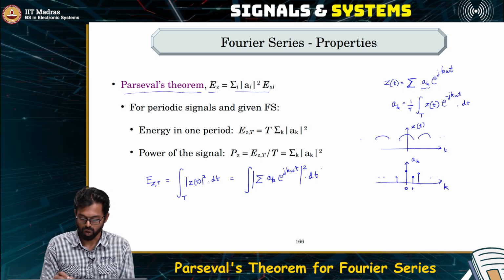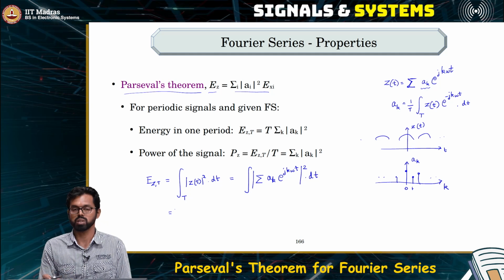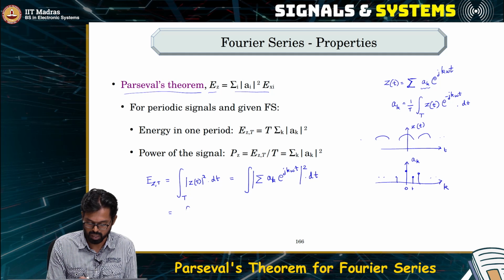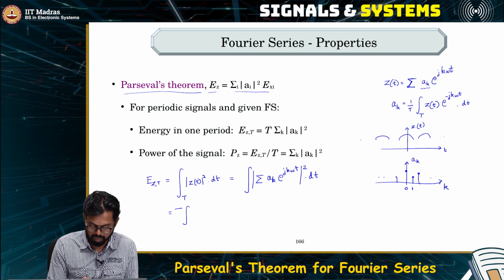But because these are all orthogonal, the square of the summation is equal to the summation of the squares. That is true only because of orthogonality. Once again, orthogonality comes to our rescue. It simplifies this expression.